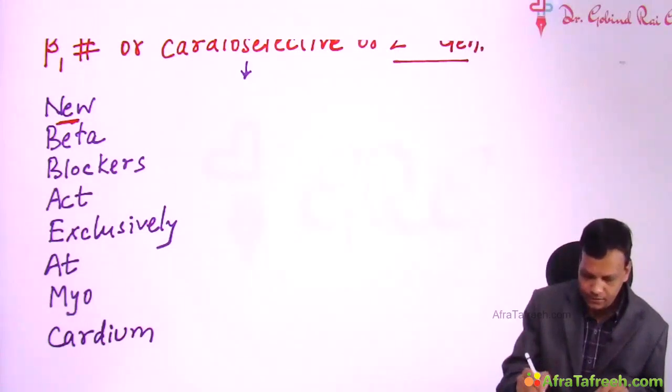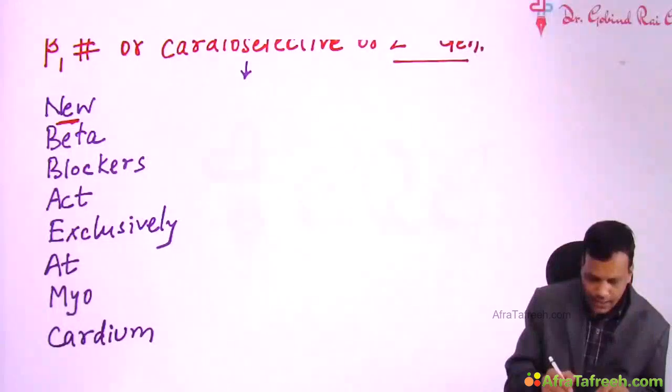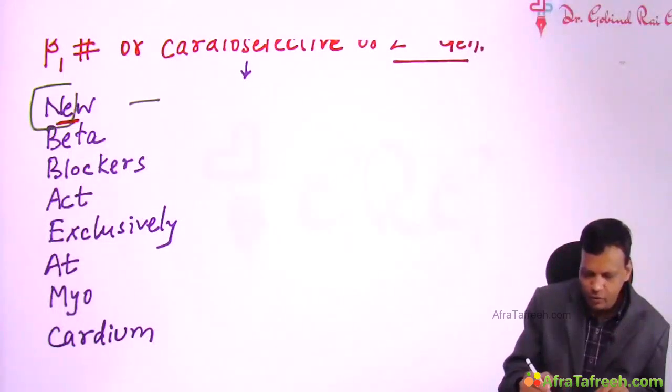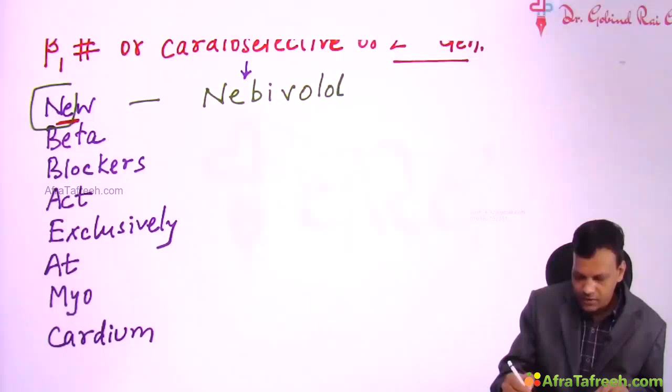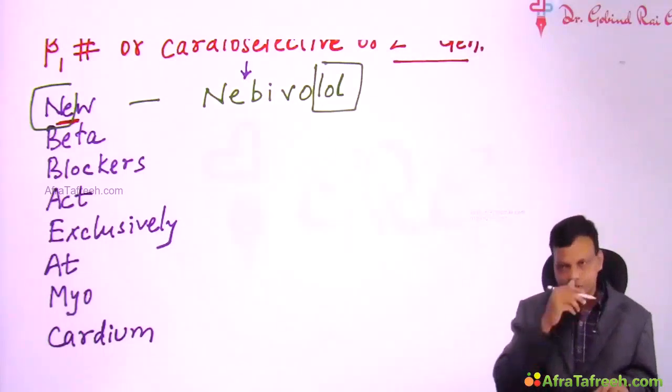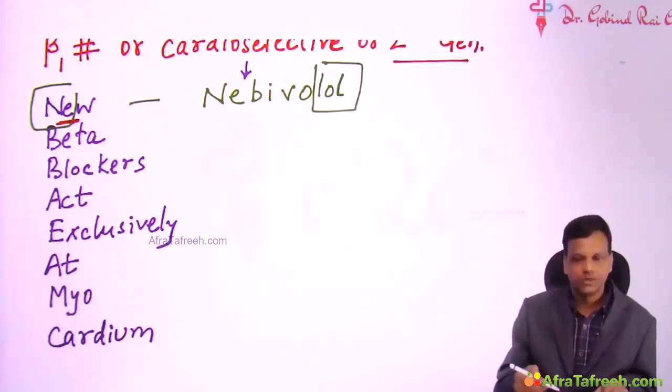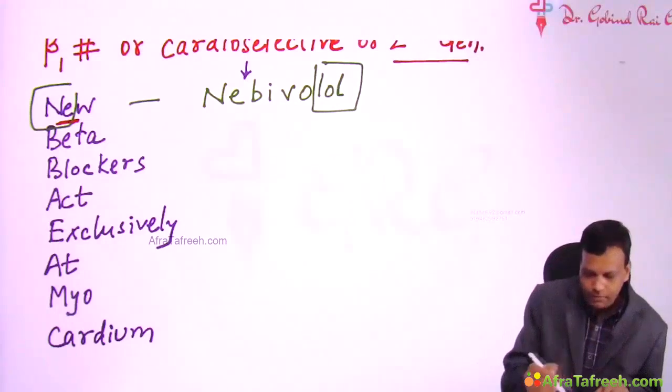And the drugs are: NE, it stands for Nebivolol. Remember, all beta blockers end with LOL, which is very famous these days because of Facebook. Then Beta stands for Betaxolol.